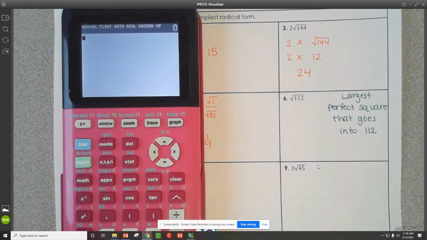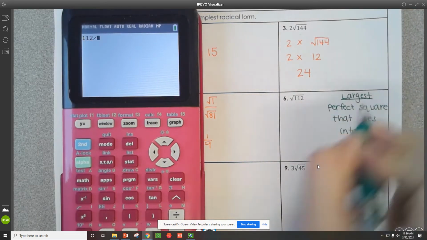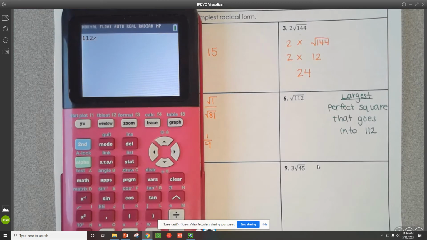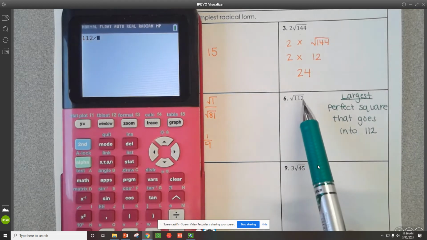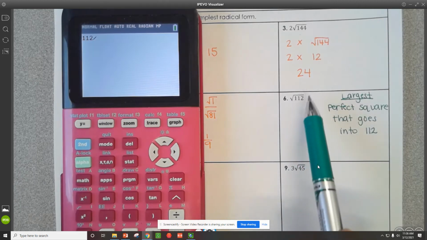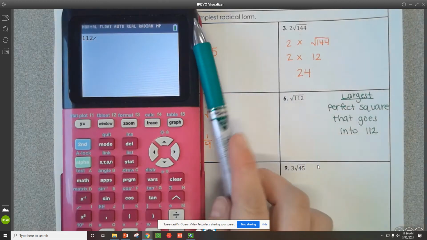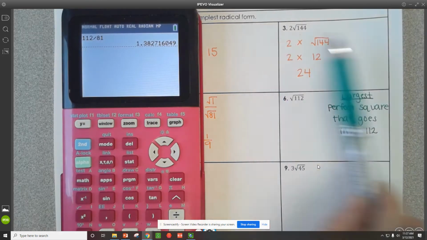All right, so 112. Because I'm looking for the largest, and that's important, it needs to be the largest. Let's start with bigger numbers and work our way back. It doesn't make sense to divide by something bigger than 112. So starting with 100, but you should know that 100 isn't going to go evenly. So let's start with 81. Divided by 81, not a whole number.